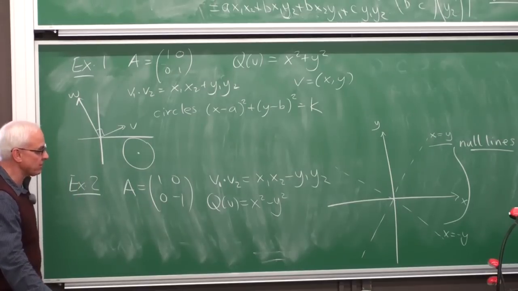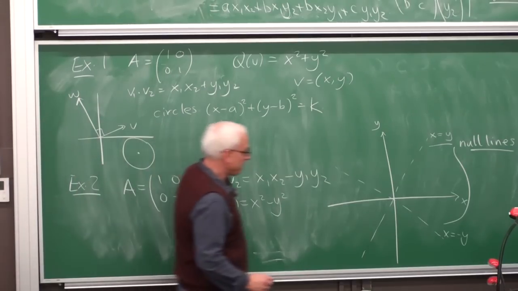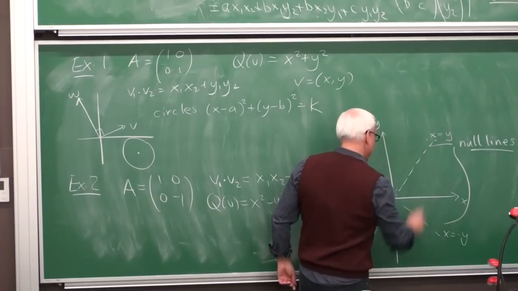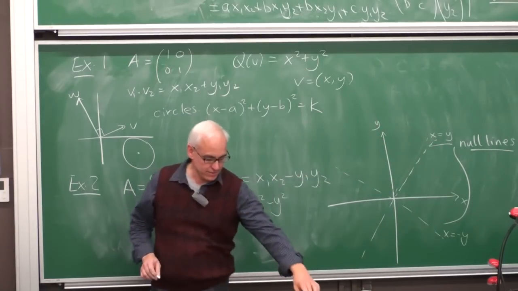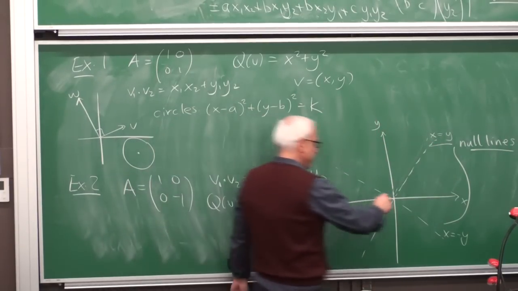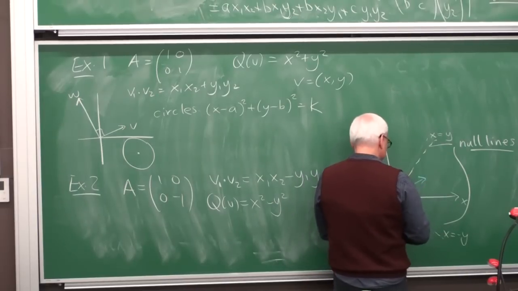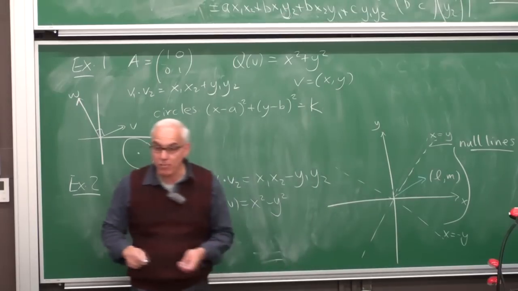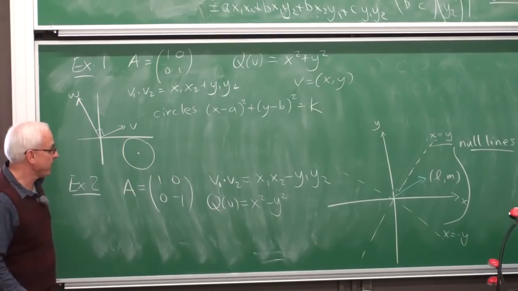And what does perpendicularity look like in this case? I should make this a little bit more like a slope one line. So here's what perpendicularity looks like. If you have some vector, let's say (l, m), for sake of argument, then what would be a perpendicular vector?